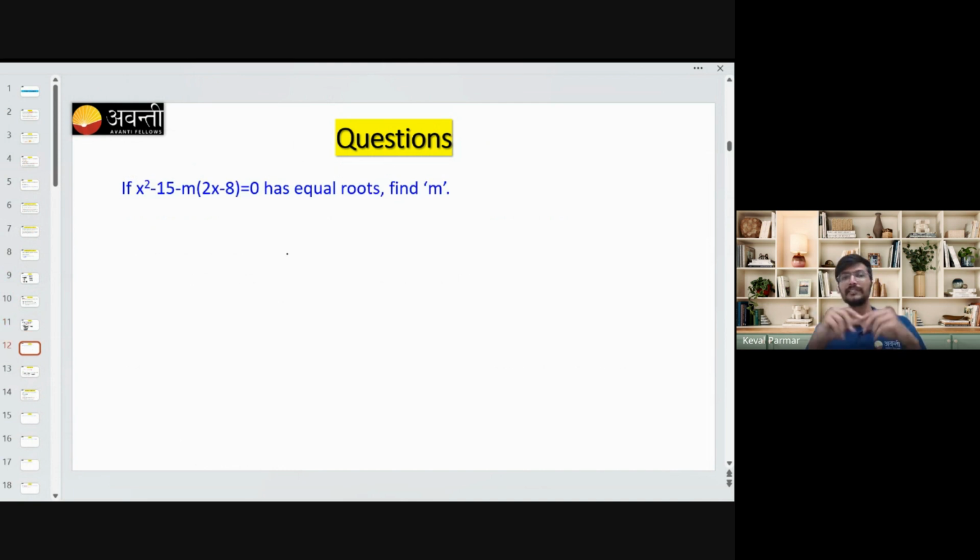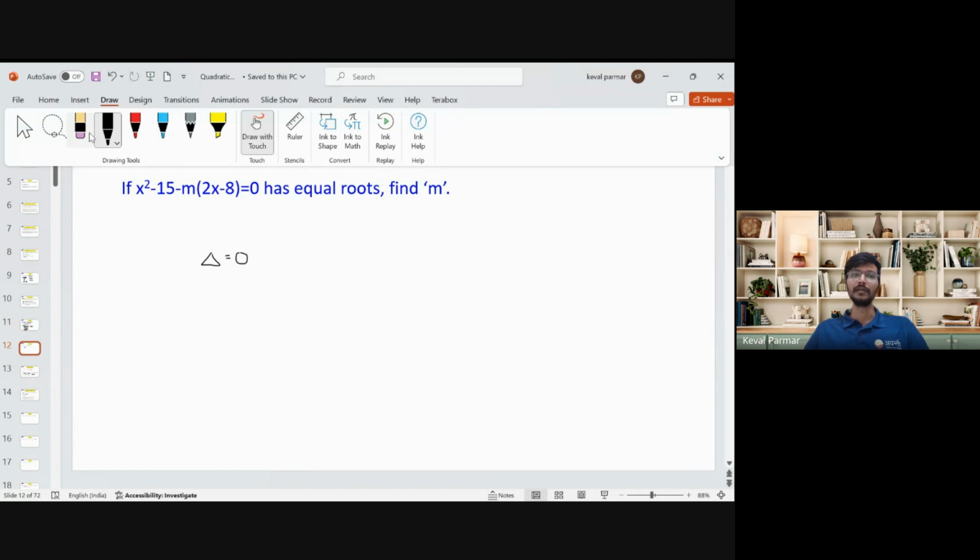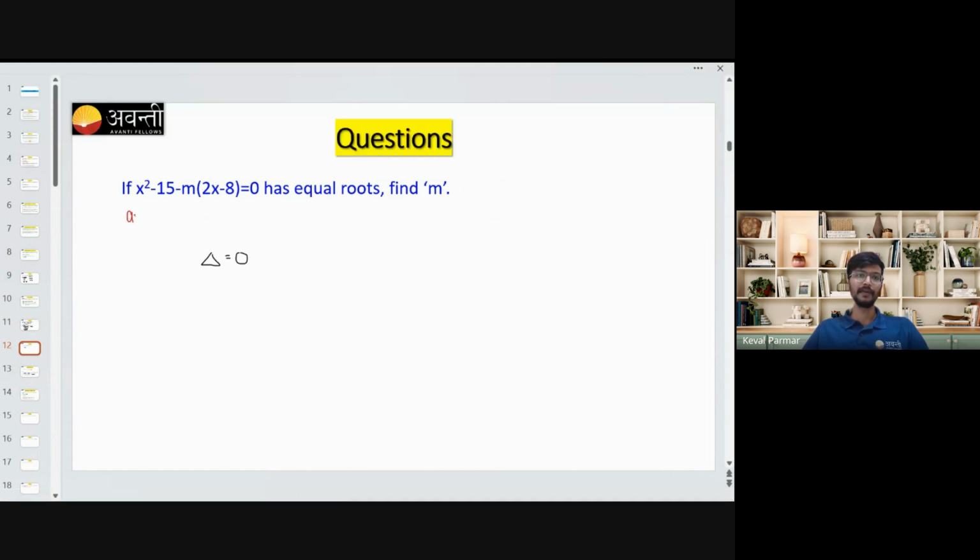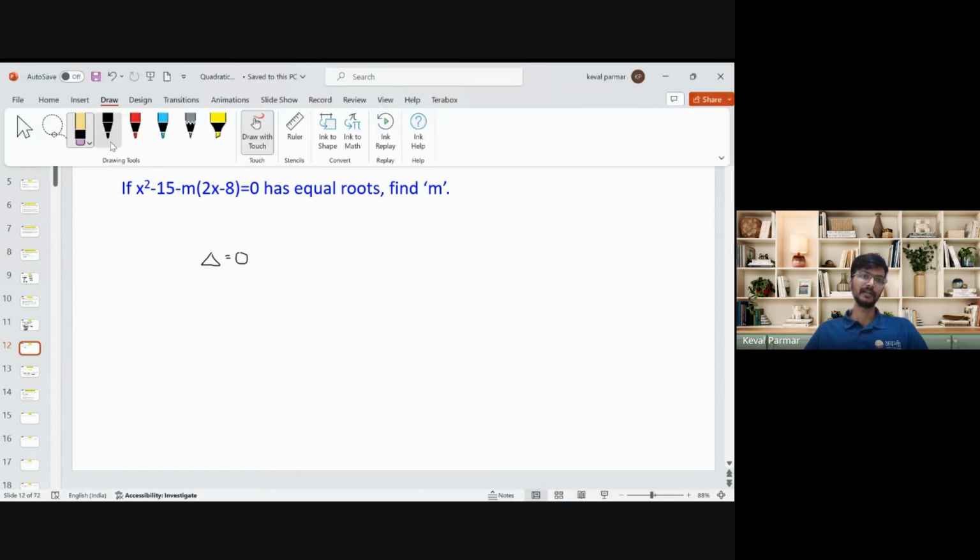Here in this equation, we have been given this quadratic equation has equal roots. What does that mean, guys? That means its discriminant will be equal to 0. Let's compare it with ax squared plus bx plus c. But it is not in the standard form, so let's write it in the standard form.